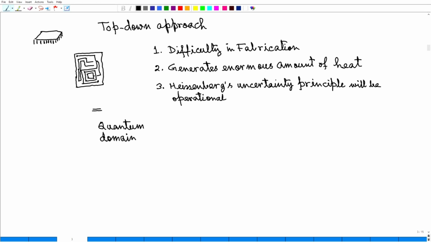Number 4 problem: quantum mechanical tunneling effect.